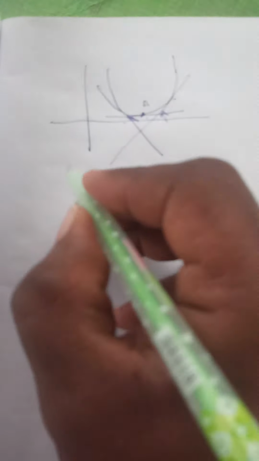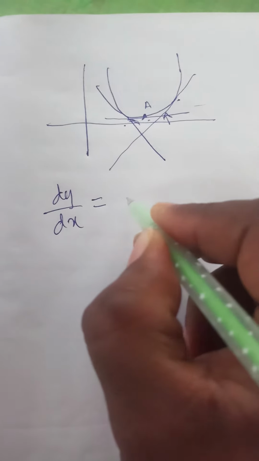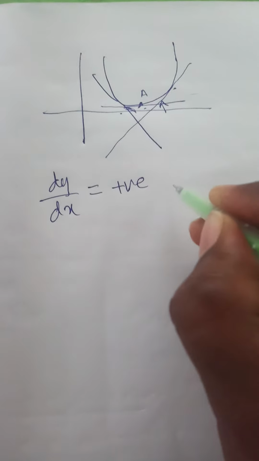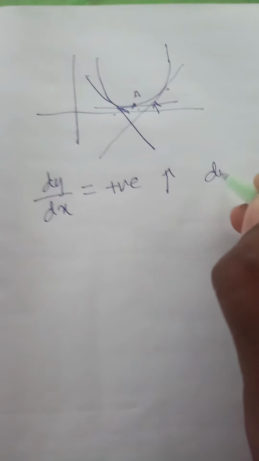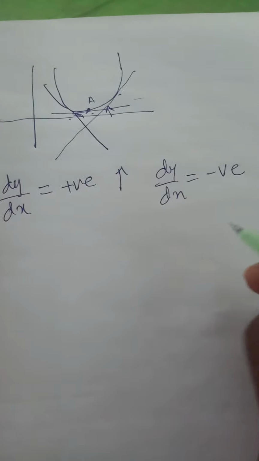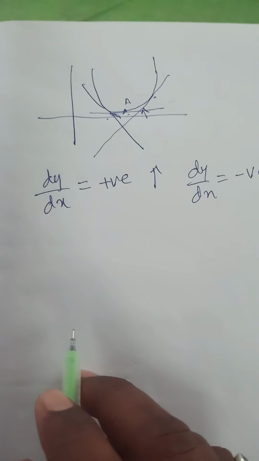So dy by dx, if it is positive, we can say the function is increasing, correct? If dy by dx is negative, we can say it is a decreasing function, correct?